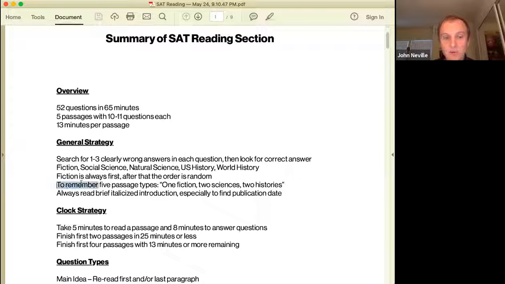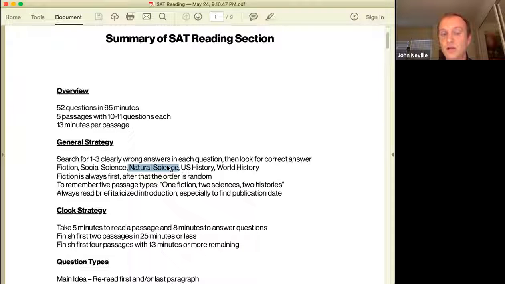The easy way to remember it, as you can see I say here, is that there is one fiction passage, two science passages, and two history passages in general. So there's a social science passage, which is oftentimes study-based or sociology-based. There is, in general, a natural science passage. Most of my students, and I myself, have found the natural science passages to be one of the top two most difficult passages because they tend to go in depth.